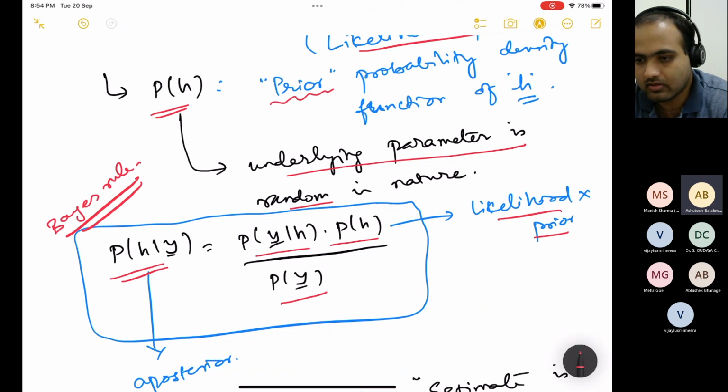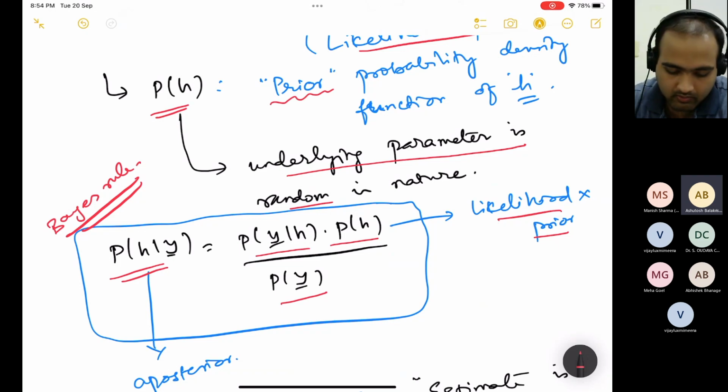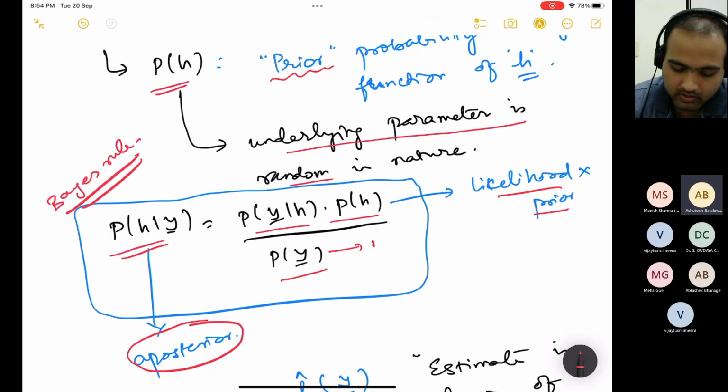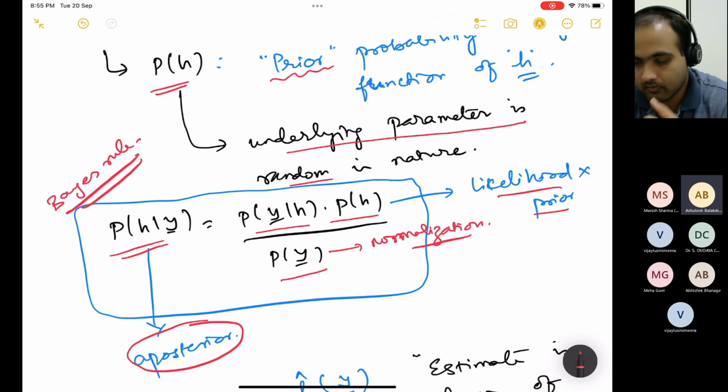So you have the a posteriori, that is the probability of h given y, and that is the likelihood, which is the probability of y given h, multiplied with the prior probability p of h, and divided by p of y. So p of y is just for normalization, so we can ignore it for the time being.